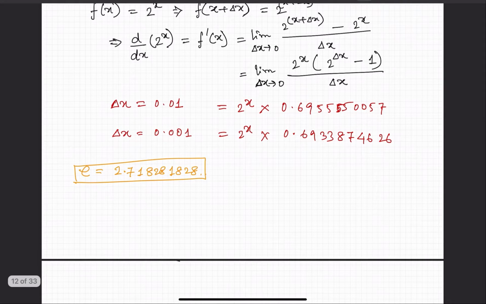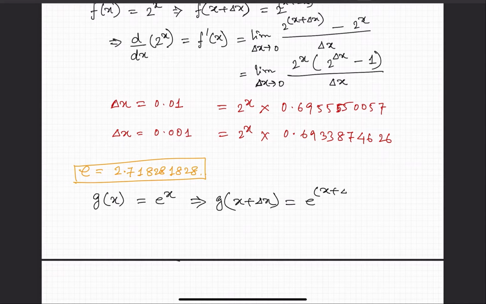Now if we take another function of x, say g(x), as e to the power x, similarly we can write g(x plus del x) would be e to the power x plus del x.